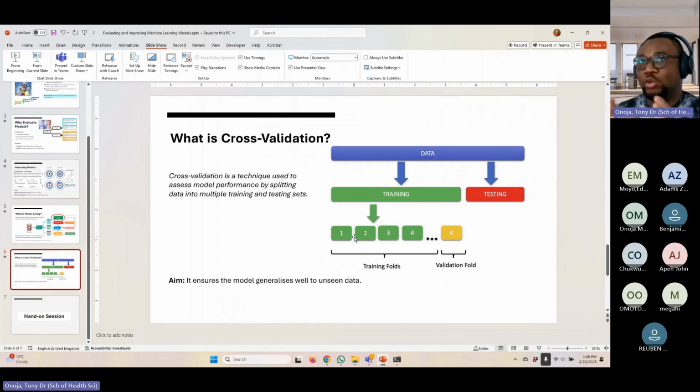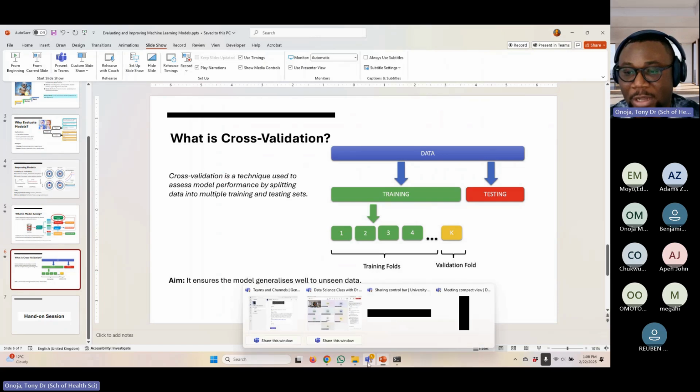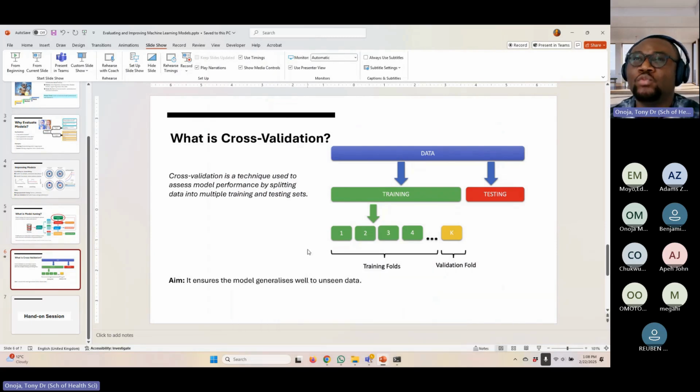The reason I said K should not be above 10 is because if you have more than 10, the computation will be much more, and despite that, you will not really have much improvement.